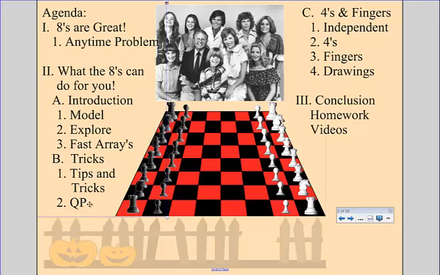But I'm finding that you really need to do the quick practice on your own, so we'll get to that. But fours and fingers. What do fours have to do with learning the 8s? And how to use your fingers when doing the 8s. And there's some drawings on how to make that work, and I've got some homework for you, and I'll post some more videos on the website.